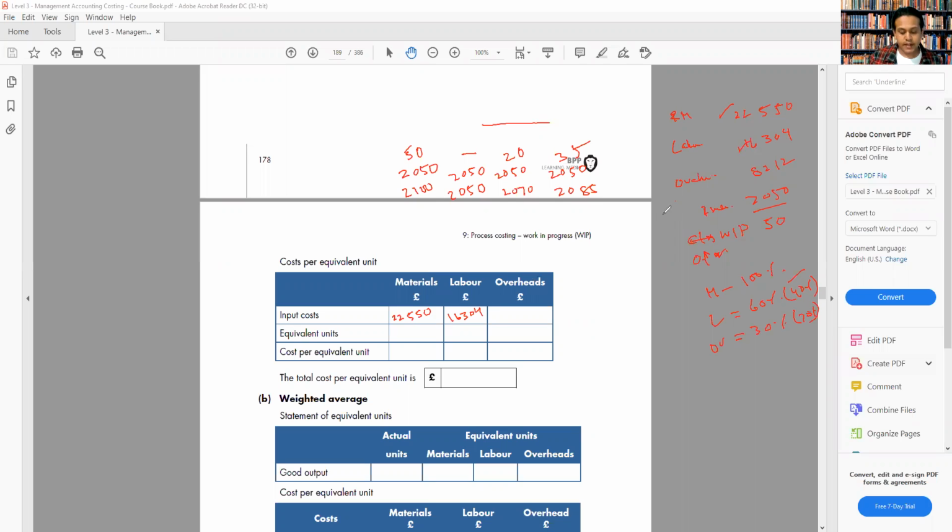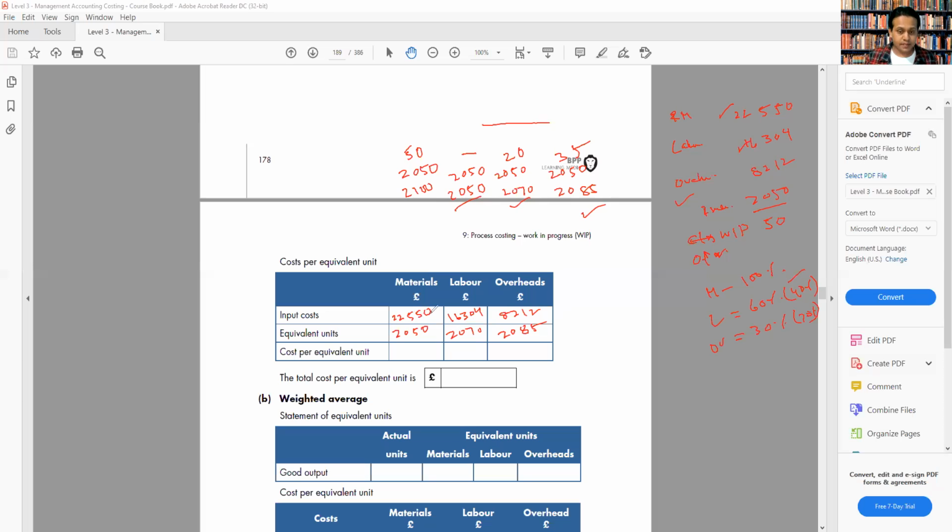For the overhead 8212. The equivalent units we have calculated here: 2050 for material, 2070 for labor, and for the overhead it is 2085. After that we have to divide to find the cost per unit.